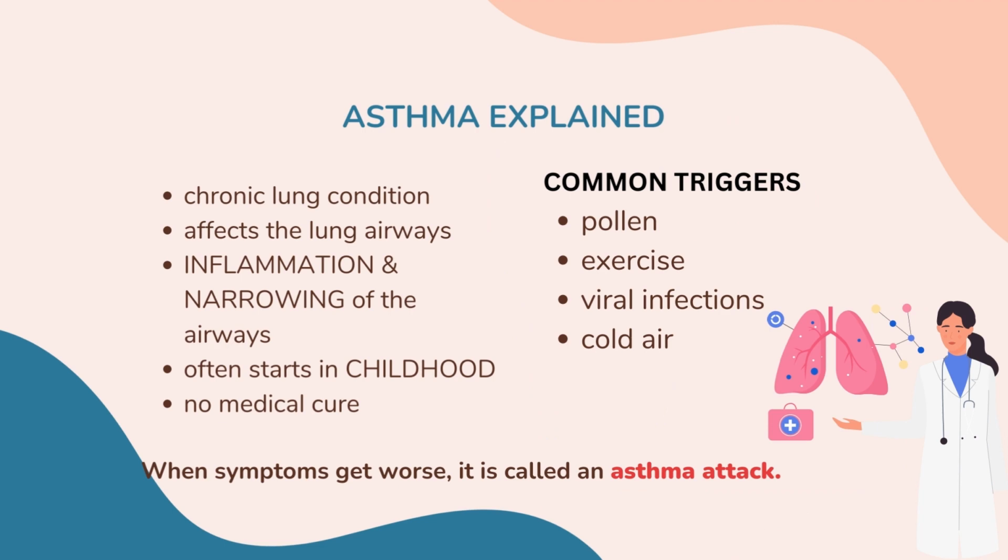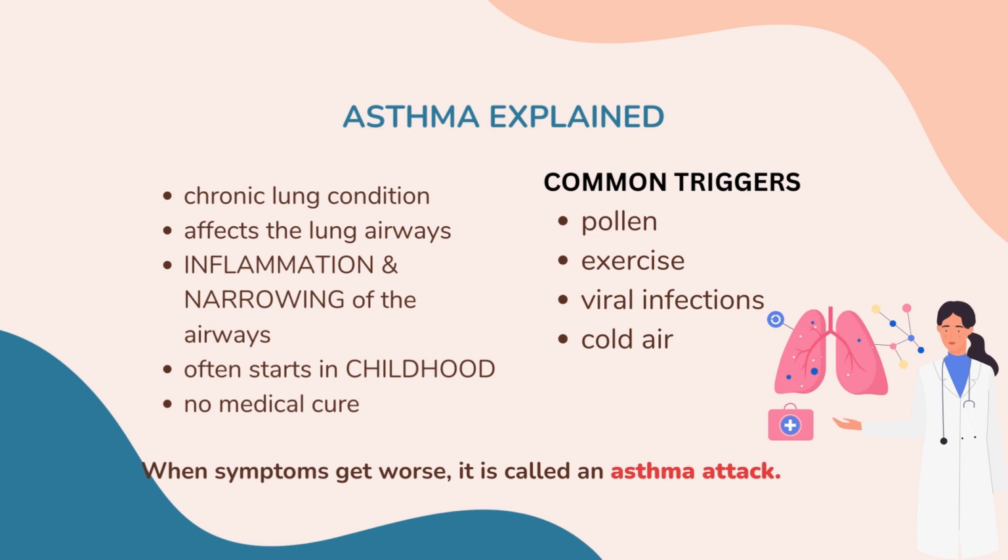Just a few key points that you need to know on asthma. Asthma is a chronic lung condition. It affects the lung airways. There are two things to note with asthma: there's always inflammation and narrowing of the airways. I need you to understand these two: inflammation and narrowing of the airways.